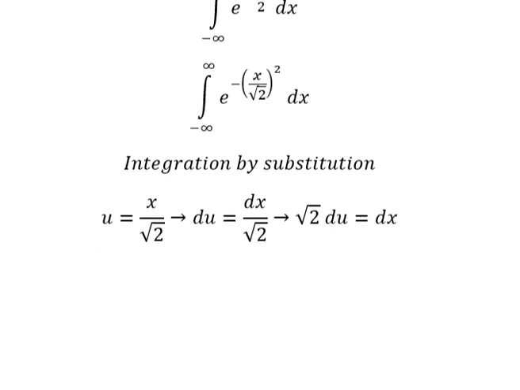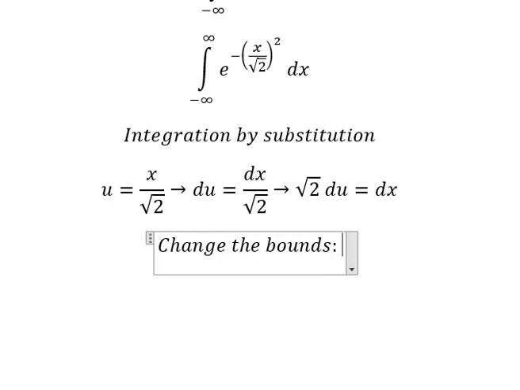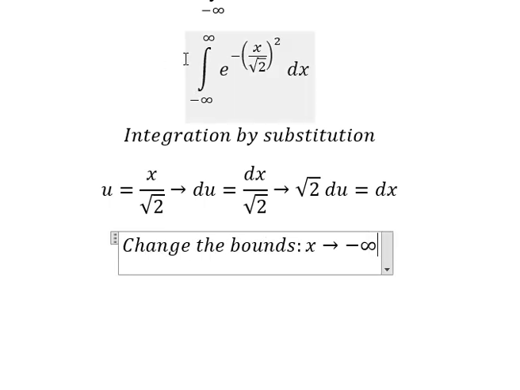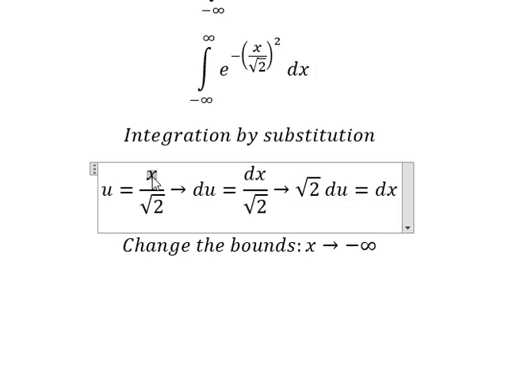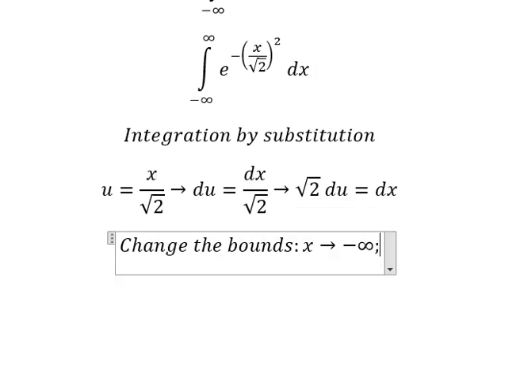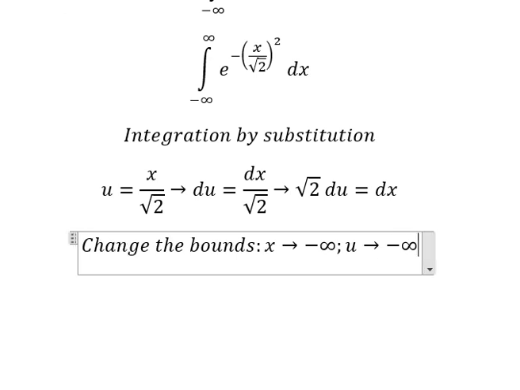Next, we need to change the bounds. When s approaches negative infinity, we put it in this form, and then u approaches negative infinity.